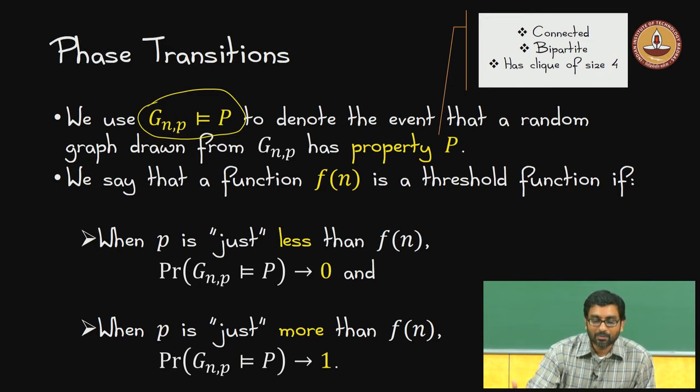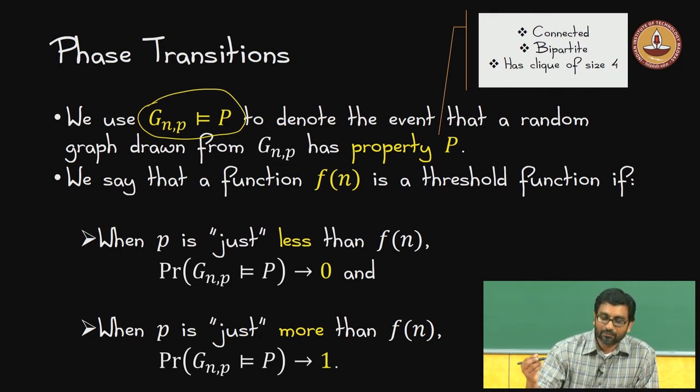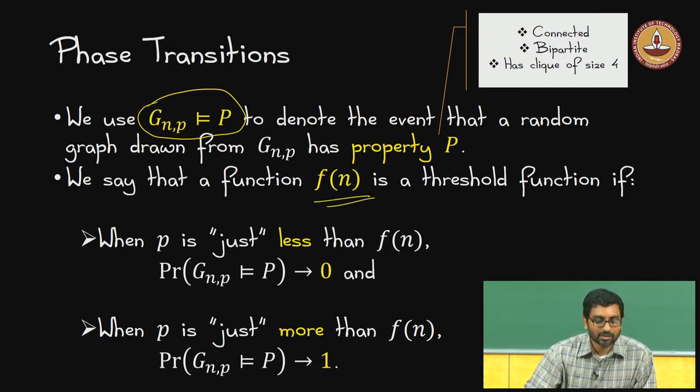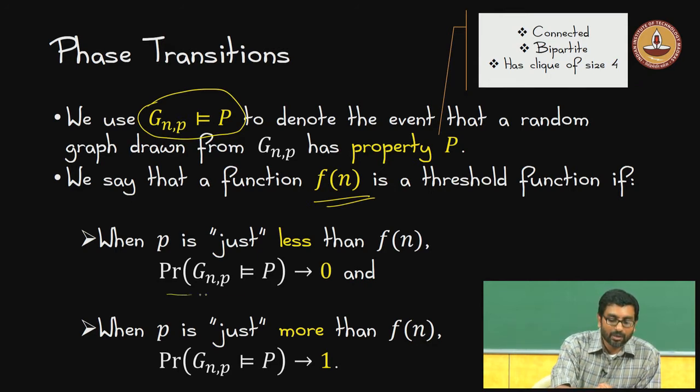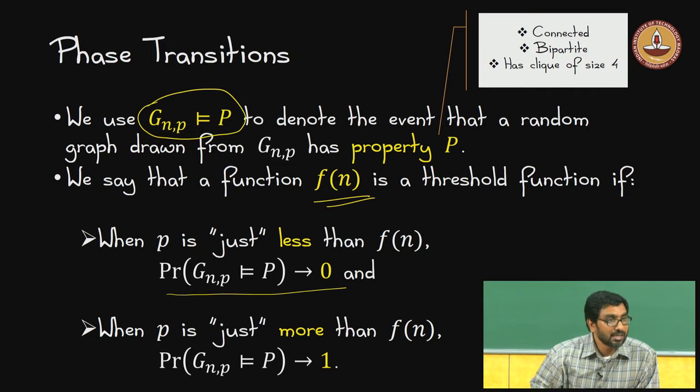And what do we mean by threshold? Phase transitions. A property has a threshold function if, when p, the probability with which edges are chosen, is just less than the threshold function, then the probability that you see that property tends towards 0, which means most likely you don't have that property.